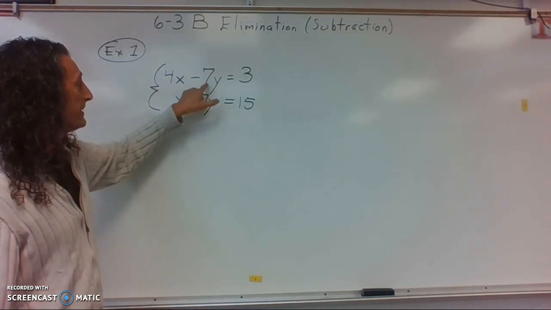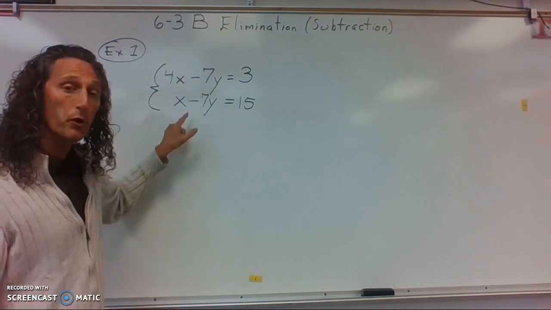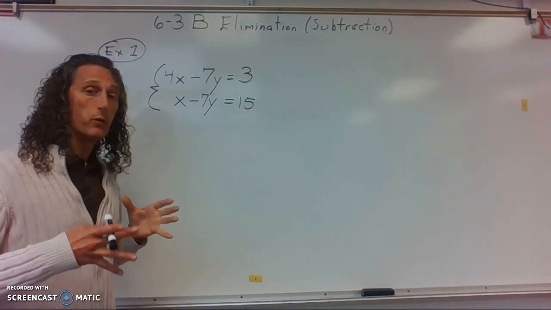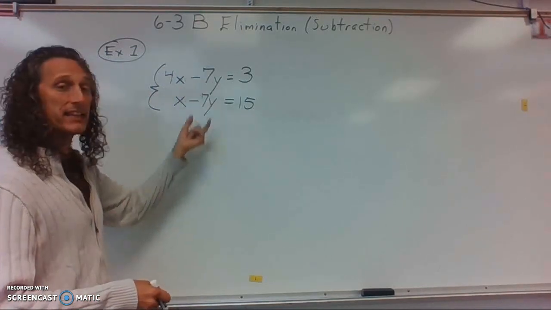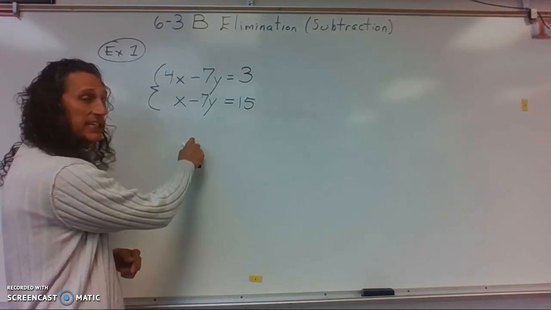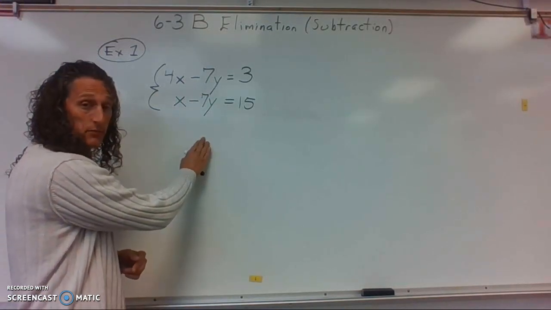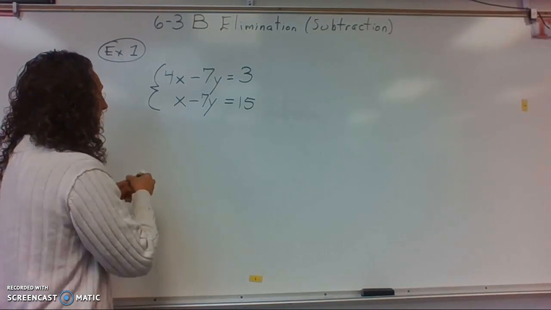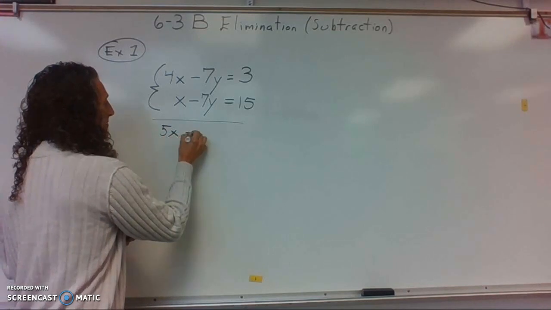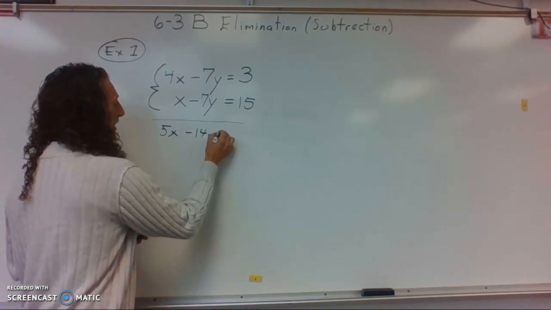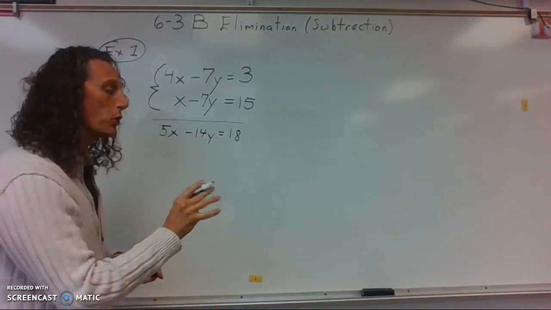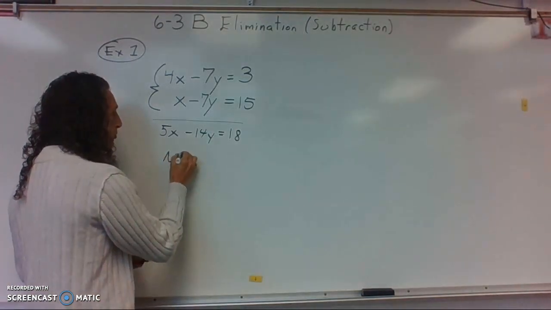Our y's at least have the same number, but they're both negatives. If I try to add them up, it won't make a 0, it will actually make a negative 14. If I leave these alone, I get 5x minus 14y equals 18. And this is no good.